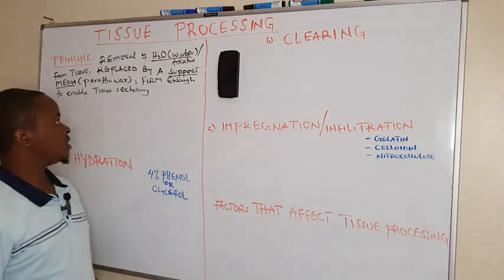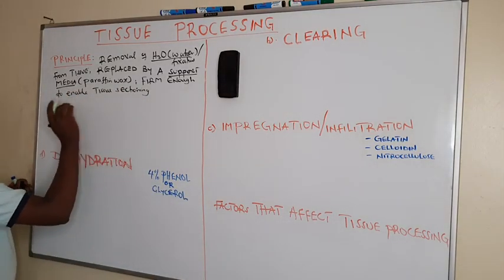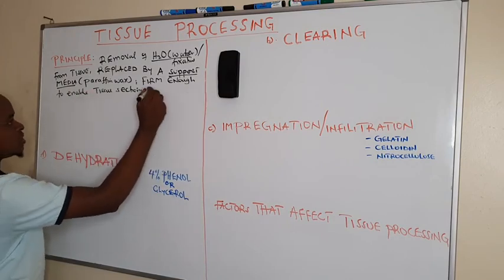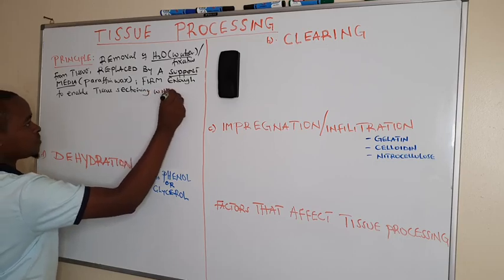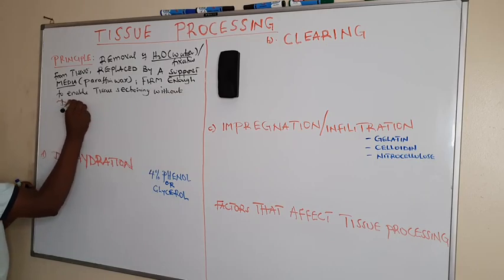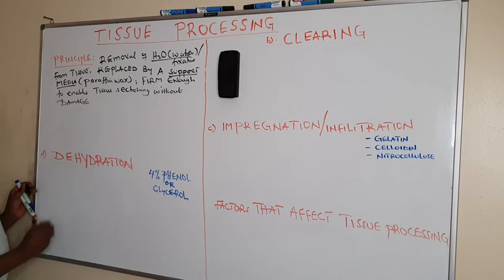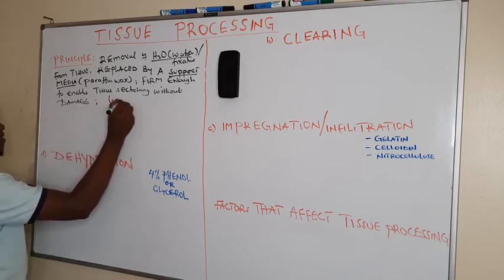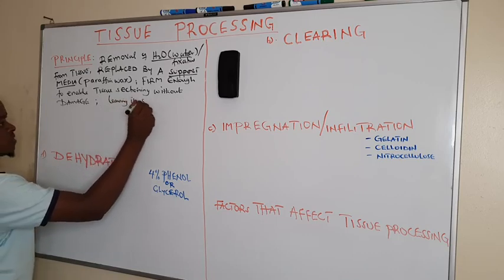So we are replacing it with this support media, which is firm enough to enable tissue sectioning without distortion, without damage to the tissue, and at the same time leaving it soft.